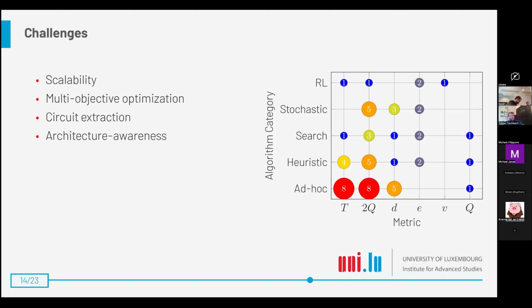And in general, I think architecture awareness is a recent trend that we saw, and where I also think that a lot of work will be done, just because trapped ion architectures, I think, only have 2 publications or something like that. So just by the number of publications we have for certain architectures, there will be more optimization strategies coming.